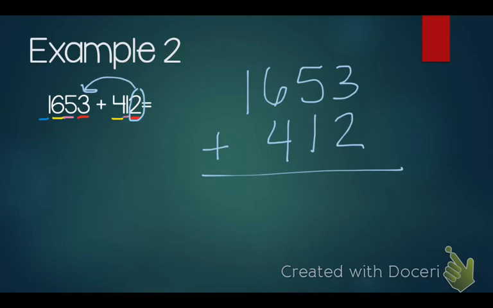And now, like in the last problem, I'm going to start with the ones digits and add those first. So 3 plus 2, which is 5. I don't actually need to worry about carrying any number in that case. Then I'm going to go to the tens place. So 5 plus 1, which is 6.